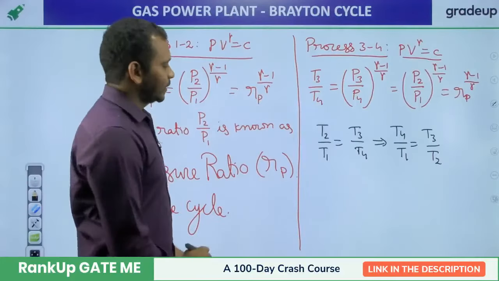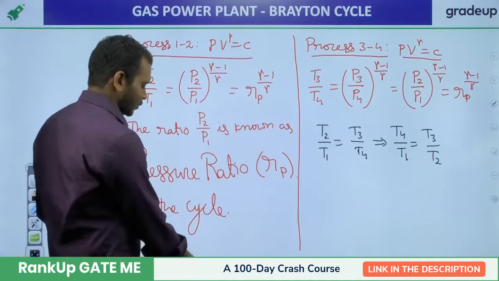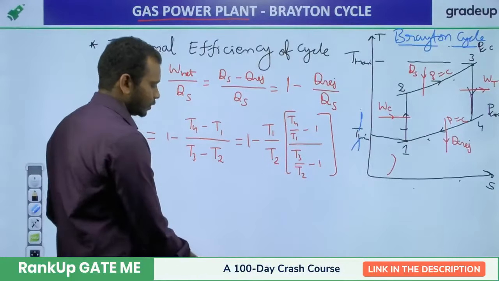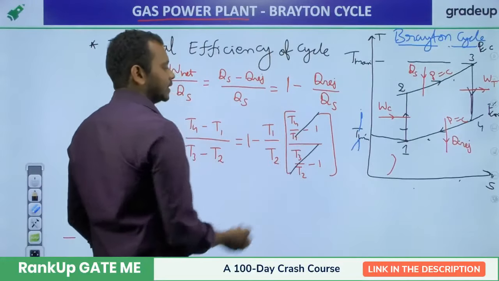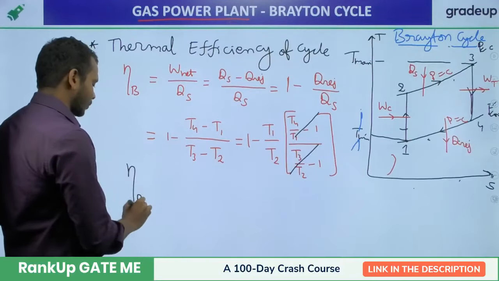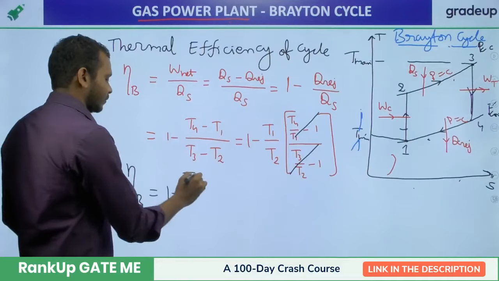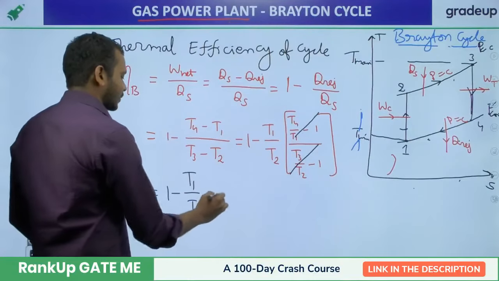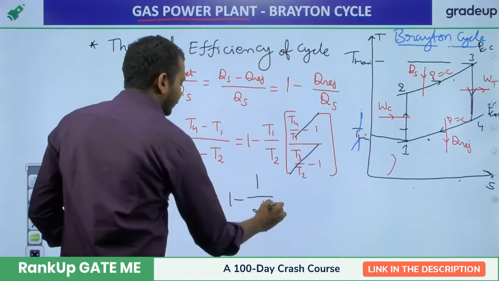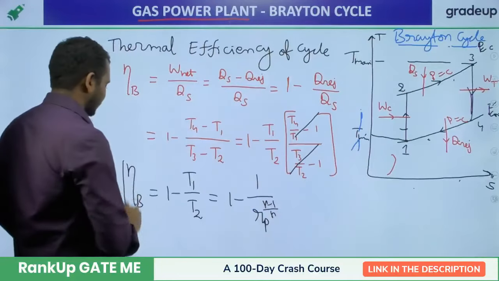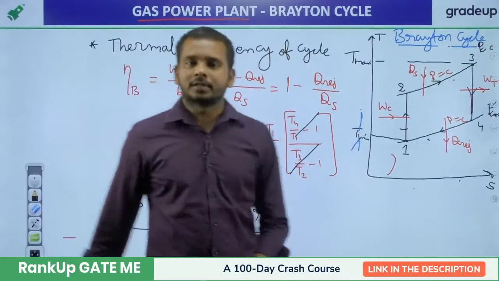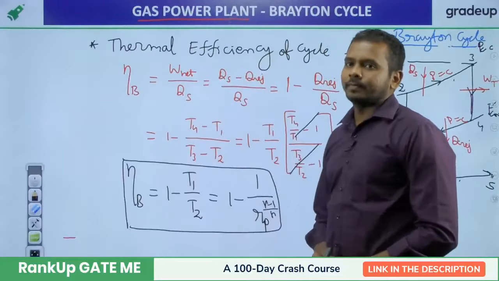When you see the efficiency equation, with T4 by T1 equal to T3 by T2, this will get cancelled, and our efficiency will become 1 minus T1 by T2, where T2 by T1 is Rp power of gamma minus 1 by gamma. This is the thermal efficiency of the Brayton cycle. Got it?